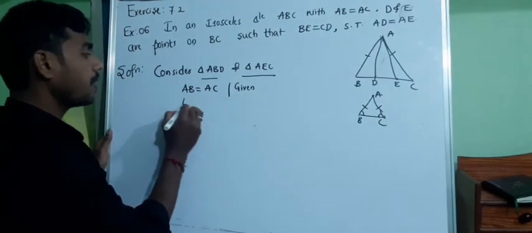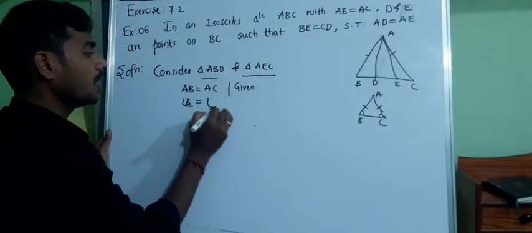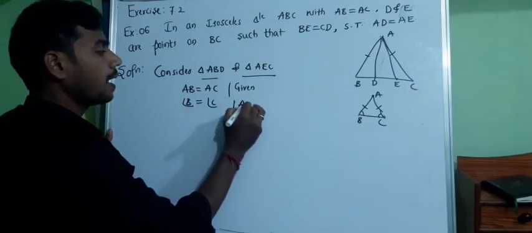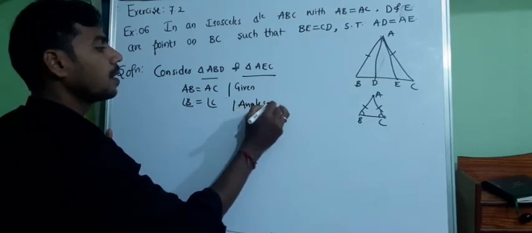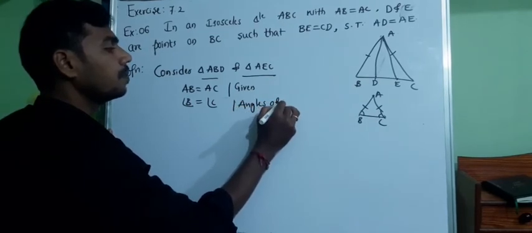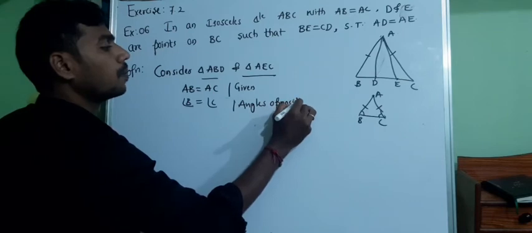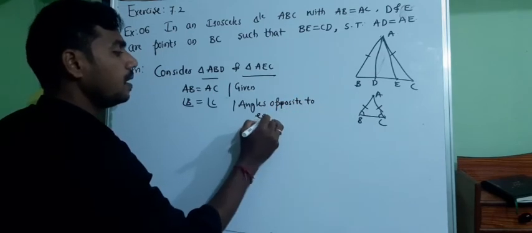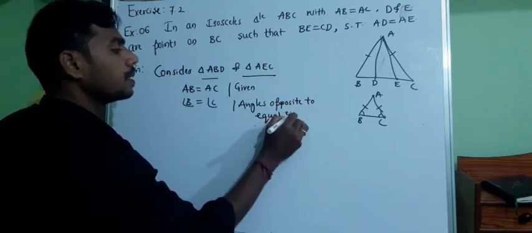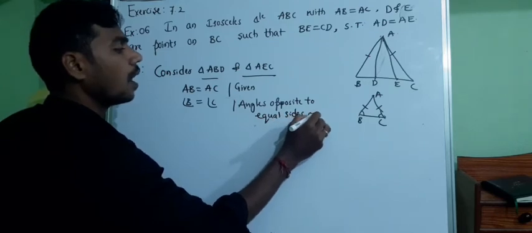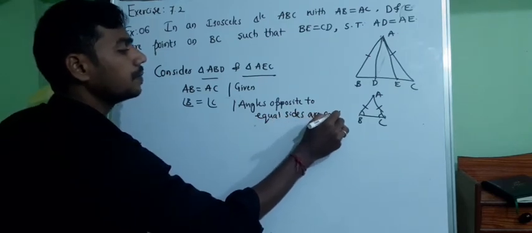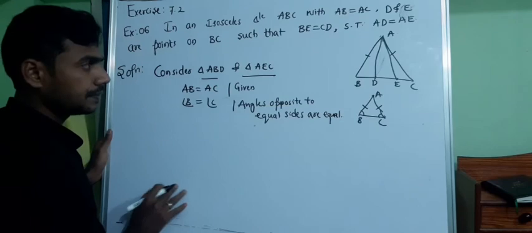So that is the reason I am writing angle B is equal to angle C. Angles opposite to equal sides are equal.